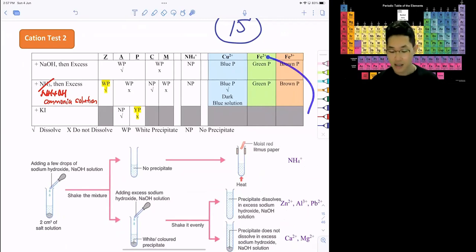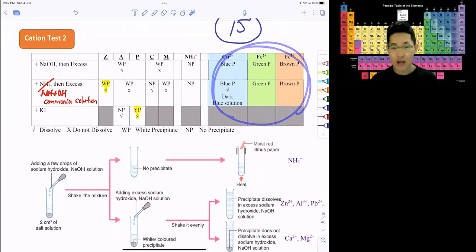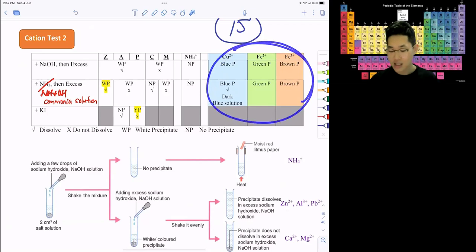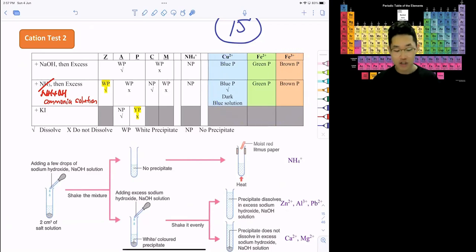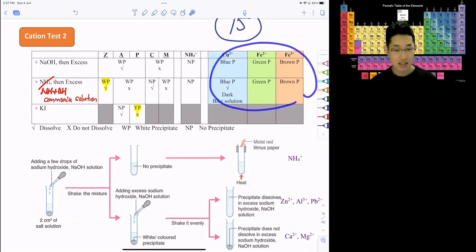Okay, this table, first I tell you how to do it. For copper 2, Fe2 and Fe3, you can choose whichever solution you want, NaOH or NH4OH, to test them. And of course, these are their results.